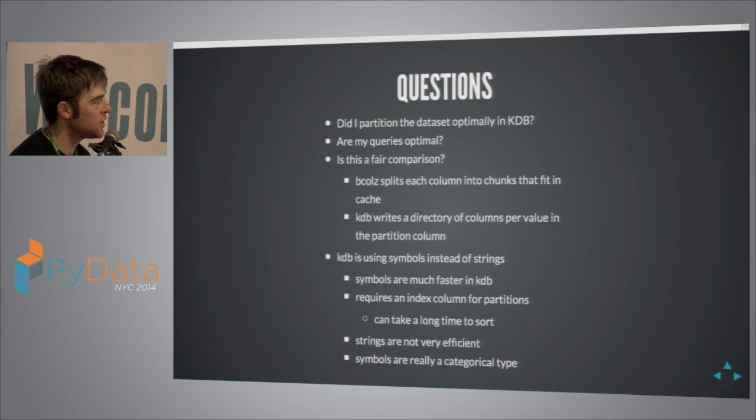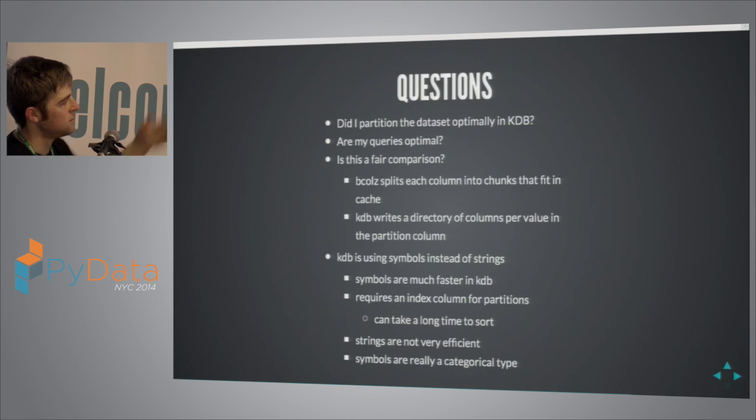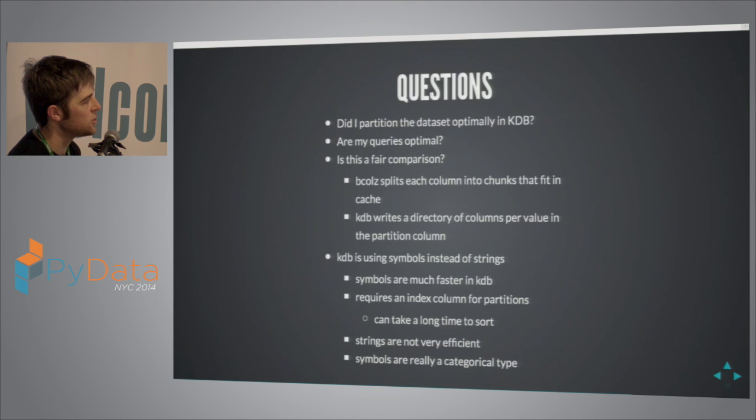Am I doing the query optimally? In this case, I think I am because it's not very complicated, and there really is only one way to do it. Is it a fair comparison? So the way bcolz lays data out is different than KDB. Like I said, there's a directory of columns per value of the partition column, and KDB is using symbols, which it has more information about than strings in NumPy.